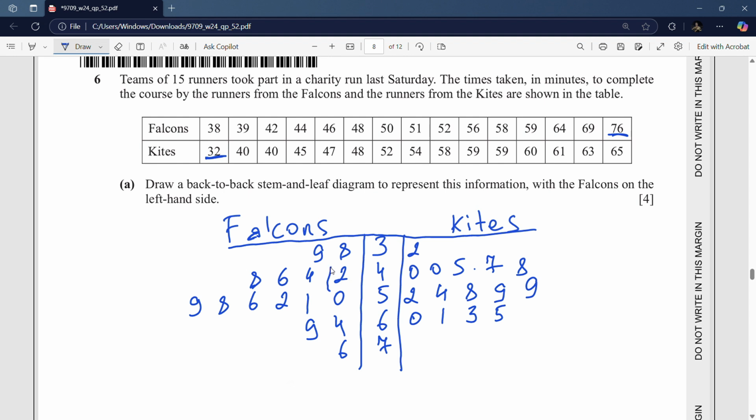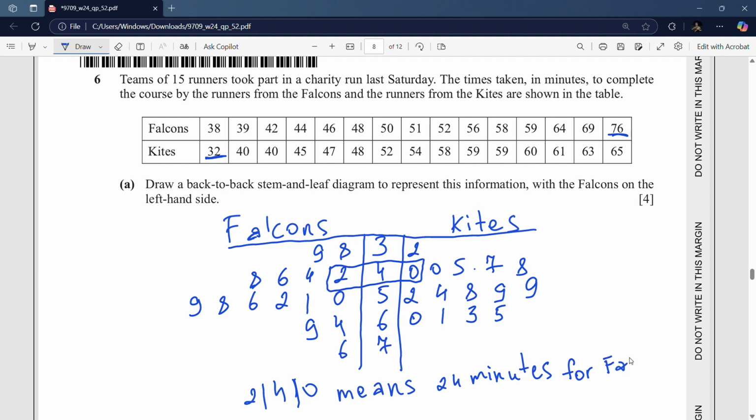For example, we can take this part and explain what this means. So 2 | 4 means 24 minutes for Falcons, and 4 | 2 means 42 minutes, and 4 | 0 means 40 minutes for Kites.